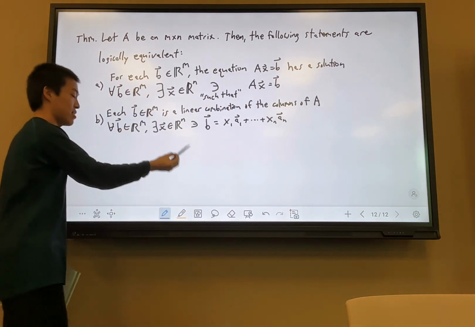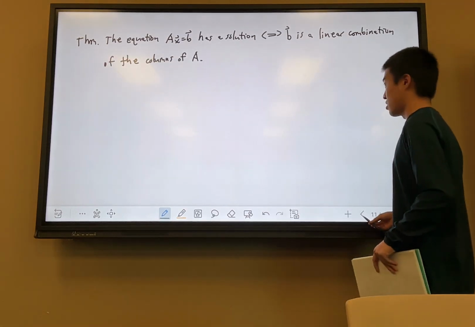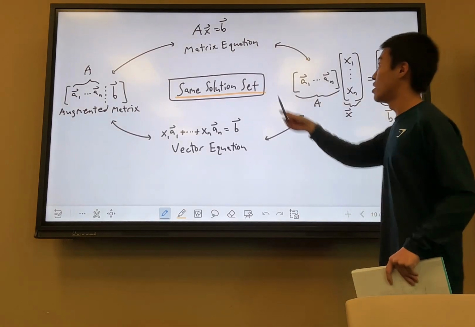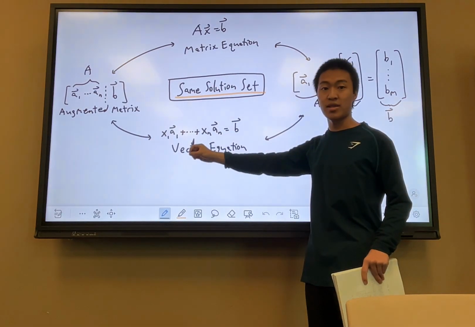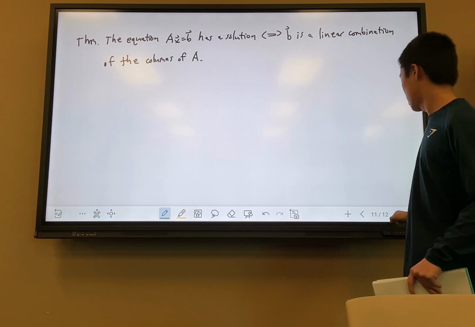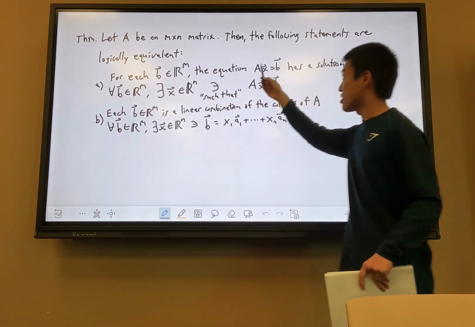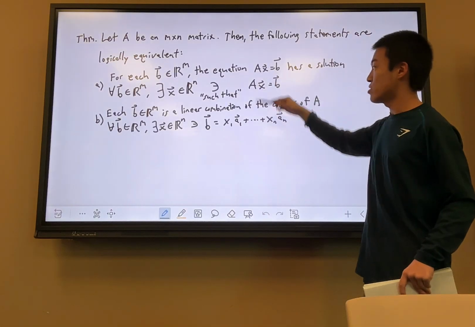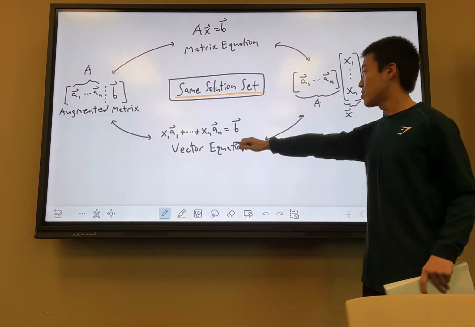Again, think about the vector equation perspective. This matrix equation having a solution is going to be the same exact thing as this having a solution. So if I claim that no matter what I choose for b, this is going to have a solution, then that's basically just saying switch the perspective over to the vector equation.